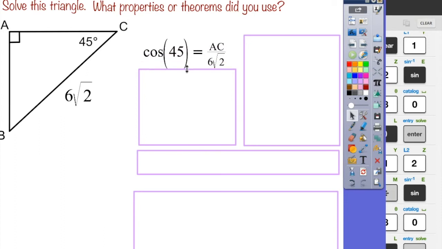And cosine of 45 is equal to my adjacent side, side AC, over 6 square root 2. That is my hypotenuse. Okay, and when we cross multiply, AC is equal to 6 square root 2 times cosine 45.